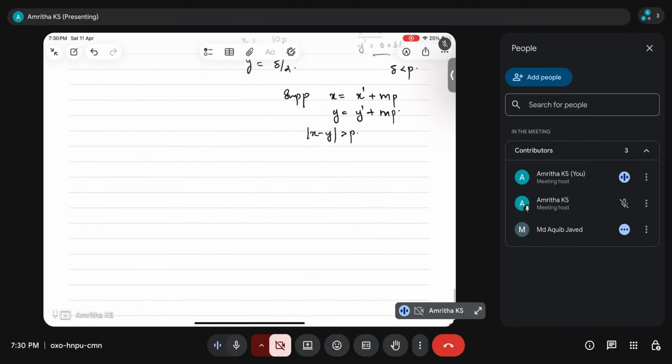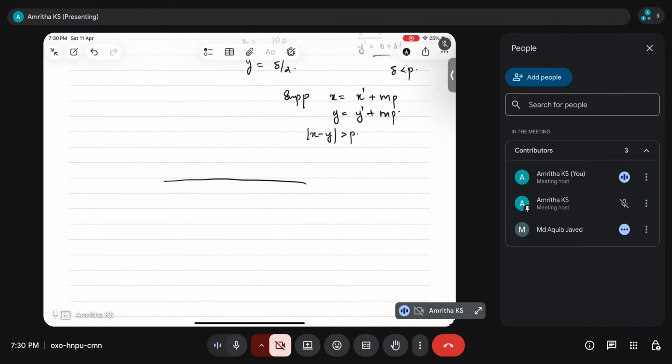Right? The problem is when you have x, suppose these are my p intervals, this is my 0 to p, and if I take some x here and y here within delta distance, then it can happen that x dash comes here and y dash comes here, right? And this distance might be greater than delta.